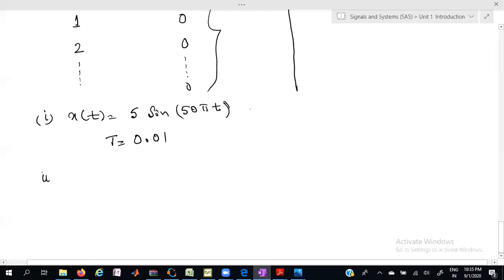For the next problem, take a signal, say x of t is equal to 100 times t for t between 0 to 10 seconds, and it is equal to 0 otherwise.